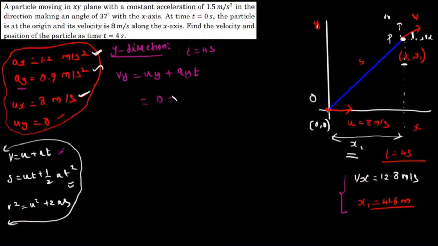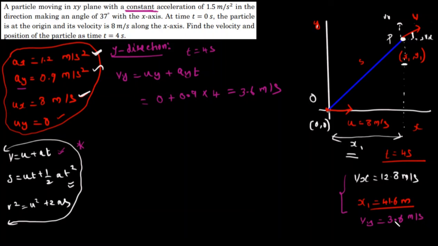It is 0, initial velocity. Acceleration, constant acceleration, which is 0.9 into time taken, which is 4. See, one important point you need to understand: in this question they have given that acceleration is constant, so only I'm using these 3 equations, don't forget that. So by solving this, 0.9 into 4, it's going to be 3.6 meter per second.